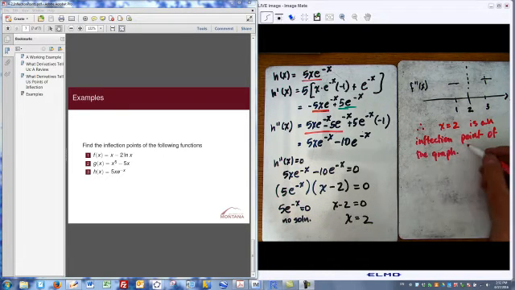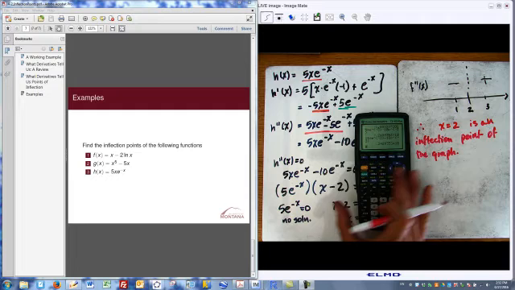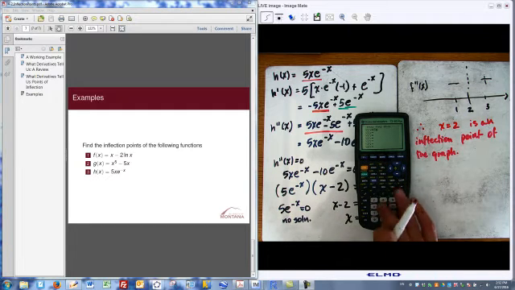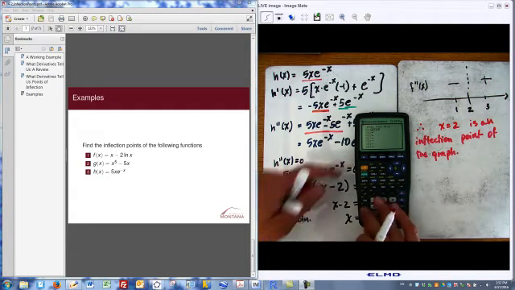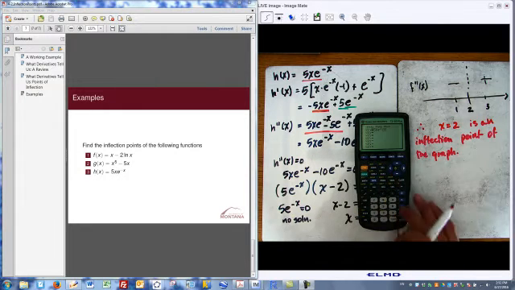If I wanted to, I could put 2 into the function and find out what its y-coordinate would be, but let's go ahead and just trace the function and see if it does indeed seem to have that behavior at x equals 2. So it'd be 5x times e raised to the negative x, and I want to just hit a zoom 6 just to get a sense of what this thing looks like.